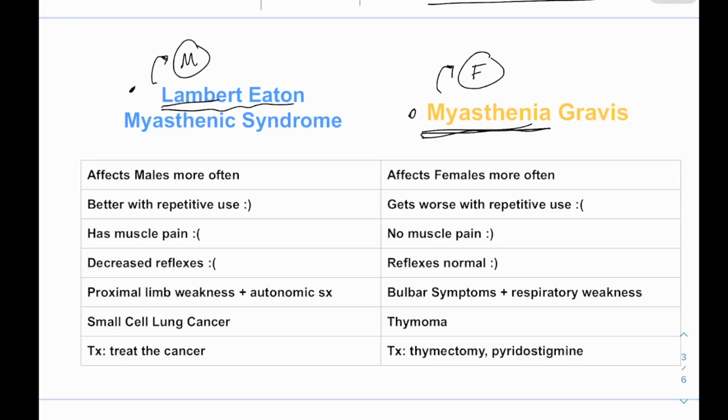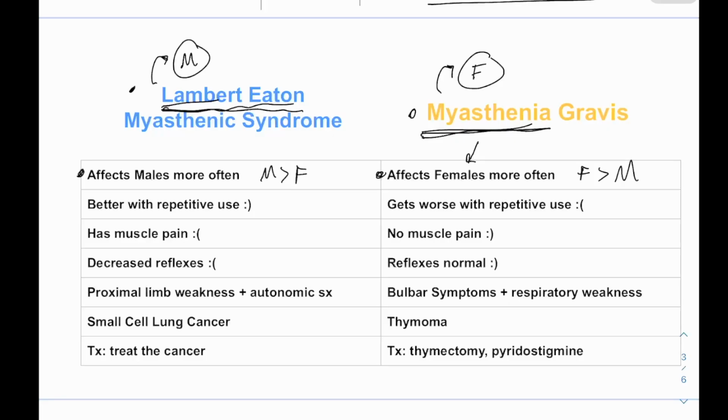So from there, I just say that myasthenia gravis affects women more often than men. This is not to say that it only affects women, but that women are affected more often than guys. And with Lambert-Eaton, the opposite is true. Men are affected way more than women.